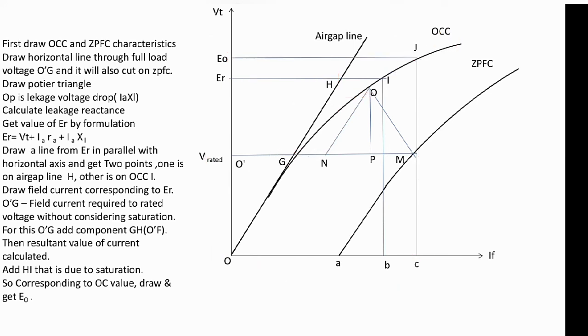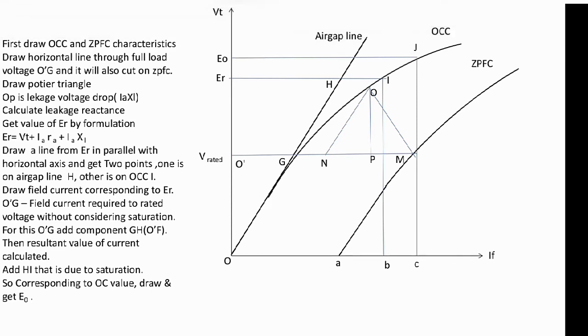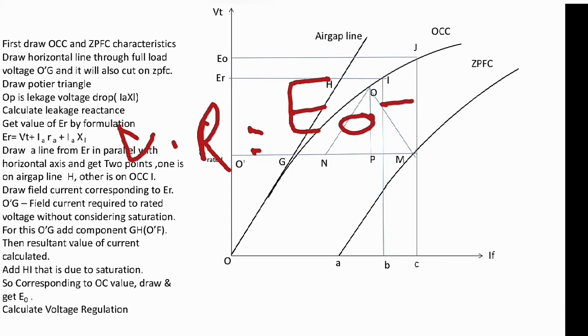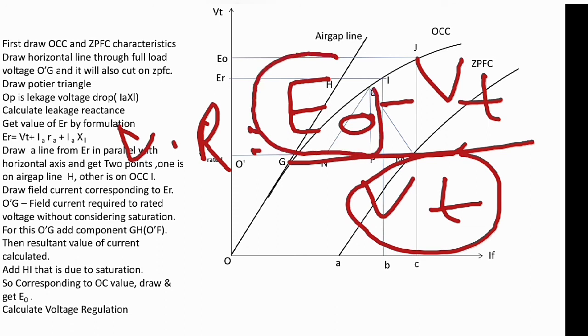And as we know, if we know E naught, then we also know the voltage regulation. Voltage regulation equals E naught minus Vt divided by Vt. Vt is already known, that is the rated voltage, and we calculated E naught. Through this we get the voltage regulation. So this way we calculated the voltage regulation.